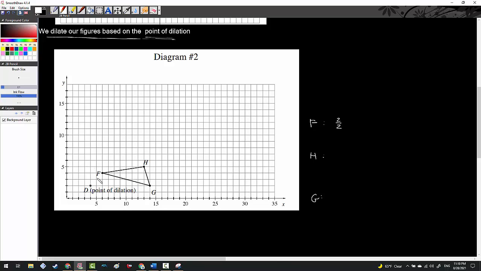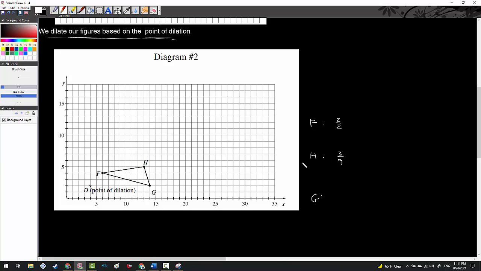It is kind of the origin since I'm dilating from that point. So from D, I'm going to go up 1, 2, 3 to the right by 1, 2, 3, 4, 5, 6, 7, 8, 9. That's going to be up 3 to the right by 9. Notice how I'm not reducing my slopes right here. It's very important that you don't.